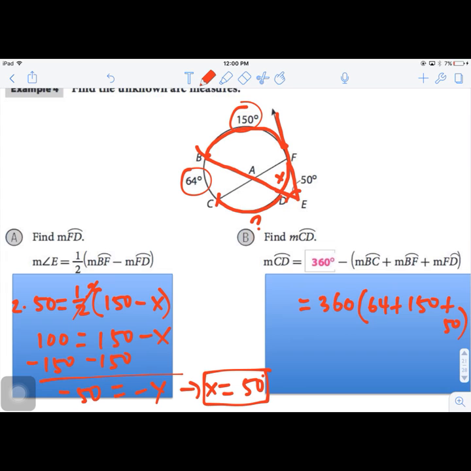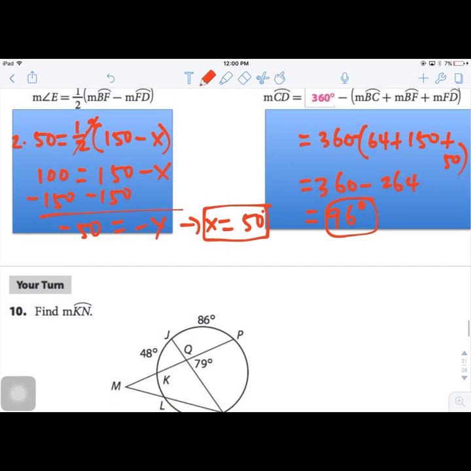So adding all of that together, that's 360 minus 64 plus 150 plus 50, that's 264. So we have 360 minus 264, which is going to give us 96 degrees for this unknown piece right here. So that's 96 degrees, and that's the end of this problem.